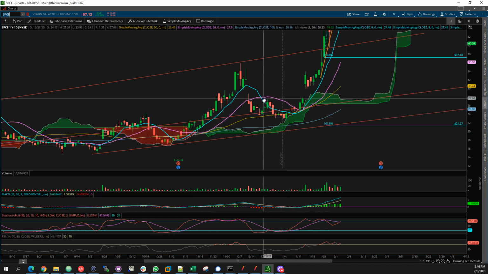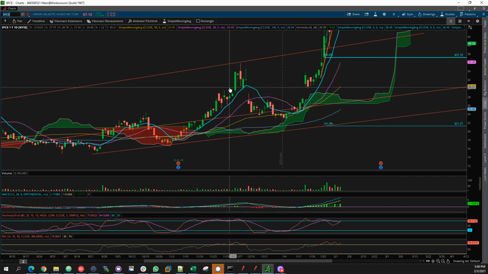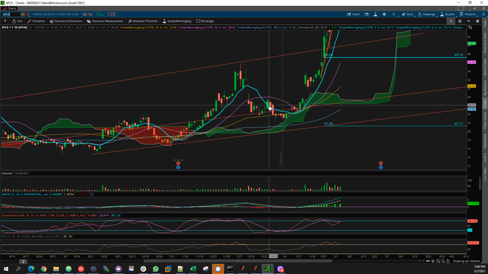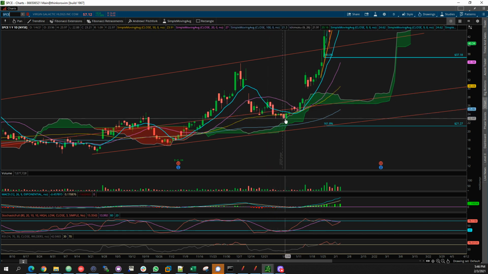So remember I said when you have the negative divergence, or the bearish divergence, on the daily moving averages, you've got to respect that. This is what I mean. If you look at this chart, it looks like it's breaking out, and then bam, right? So you want to test other things like stochastics, MACD, RSI. You want to see the cloud, right? You don't want to get in here around 27 and then get punished till 23 and lose sleep.